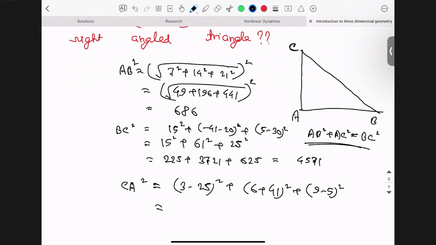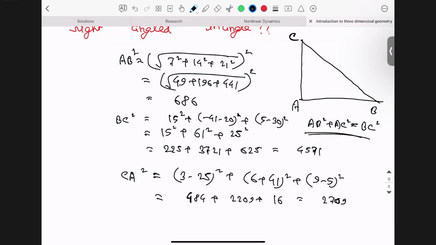So this implies 484, this one is 4, this one 47. 47 square means 2209, plus this is equal to 4, 4 square is equal to 16. So if I add all those things, we will obtain 2709. Now clearly you can see these two are small, green got smaller and this red one is large.